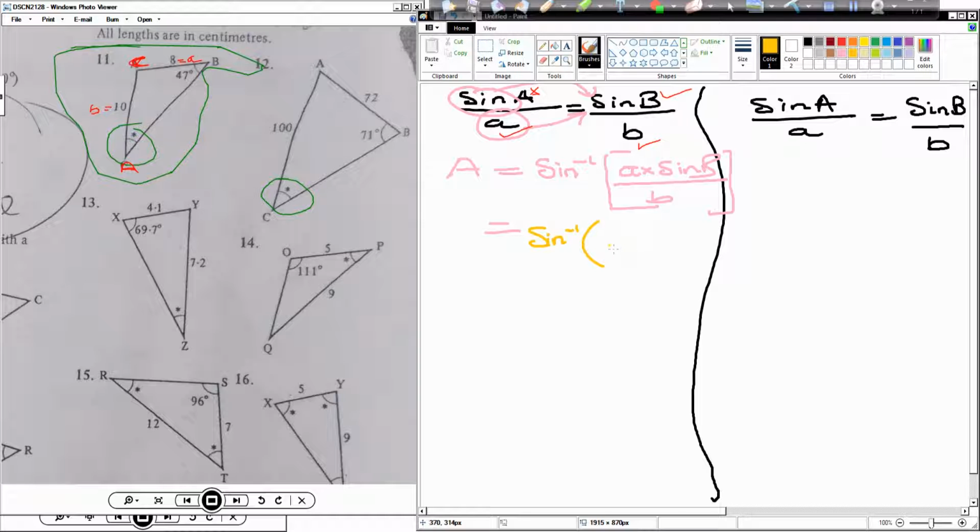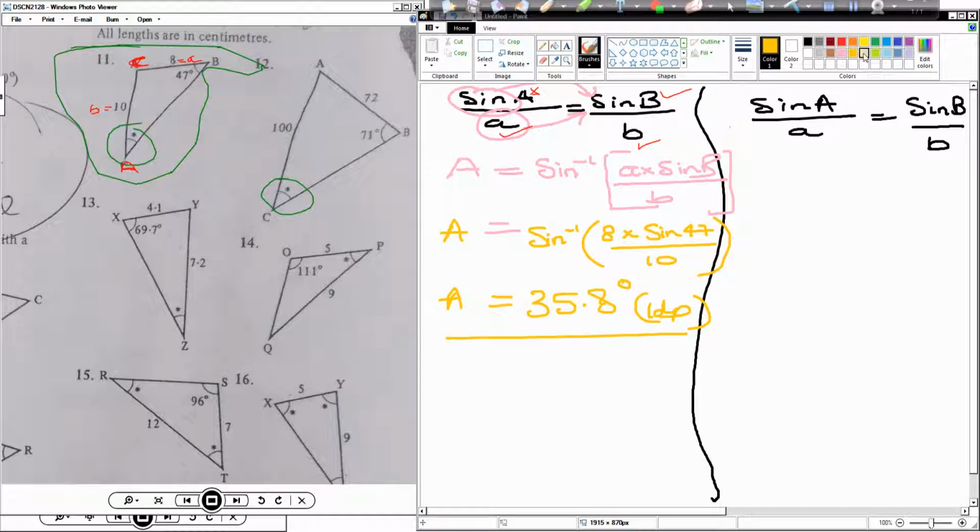So what's little a? 8 times sin 47 over 10. Put that in the calculator and give me an answer, please. I've got 35.8088, so the answer to 1 decimal place is 35.8 degrees to 1 dp. Lovely, that was nice and quick.